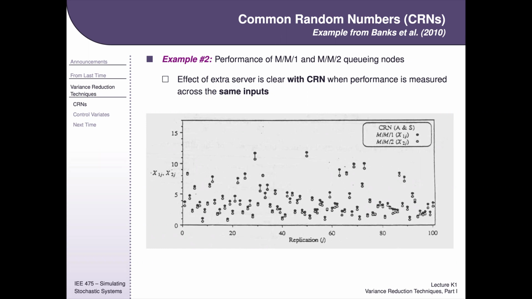So all I'm left with are the true differences between the systems. And I now can actually see that there really is a difference to having a second server, but it's a small one. So I can now estimate what that difference size is, and I can see it even though it's small. So that's what I mean: I've increased my statistical power. I've increased the sensitivity of the test by designing it this way.